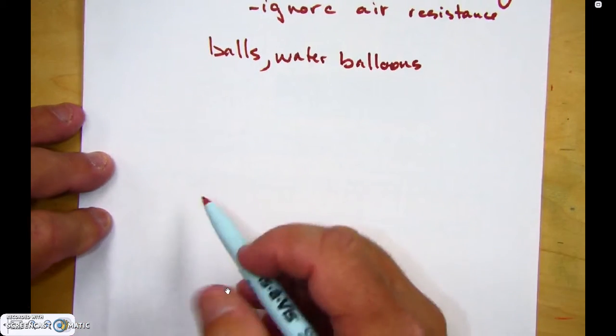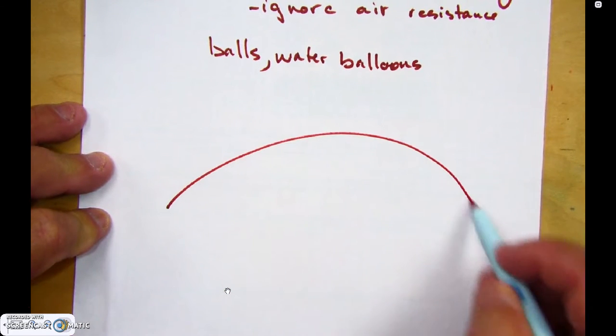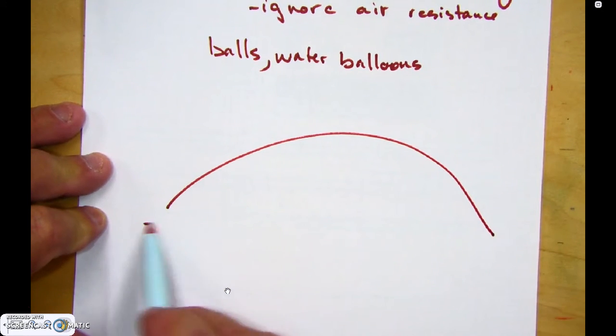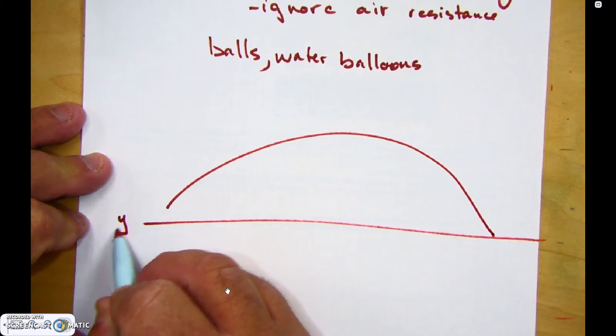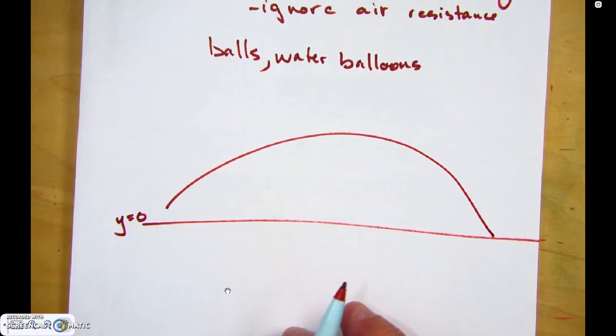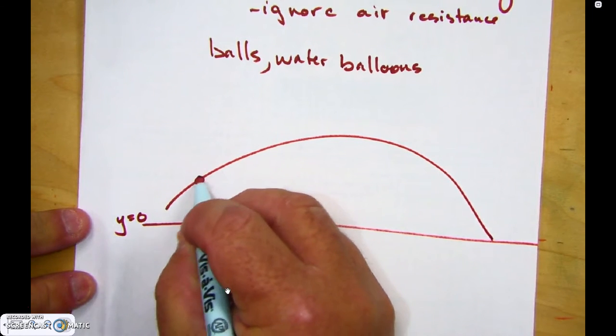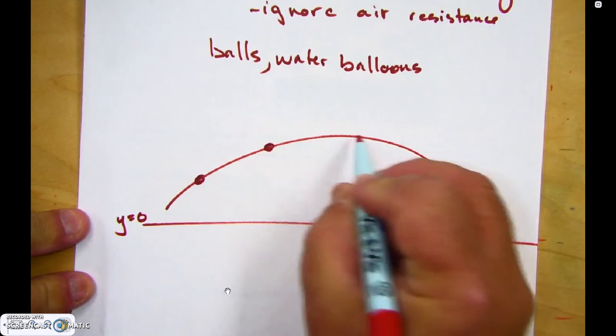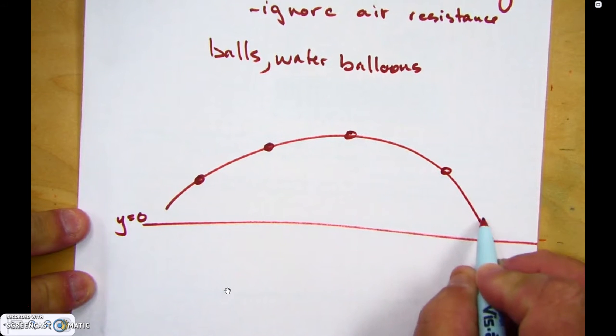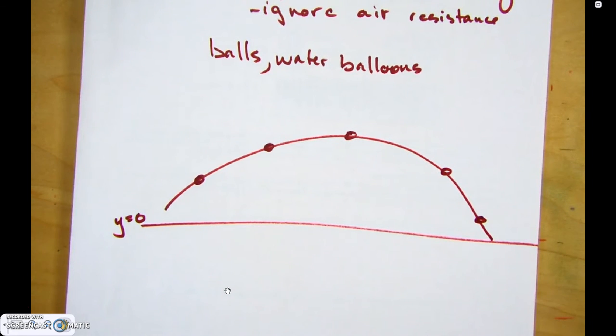Now, key thing to understand is if I have a projectile moving through the air like that, at this point y is equal to 0. That's the ground. And if I take a look at different instances in the flight, it's important that you can differentiate and know some things about it.